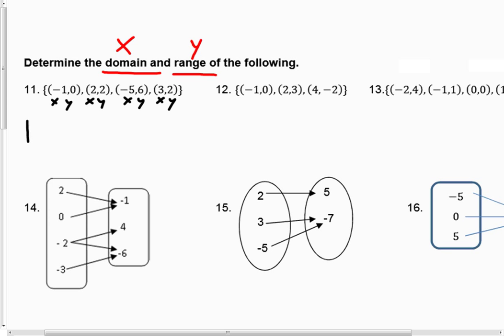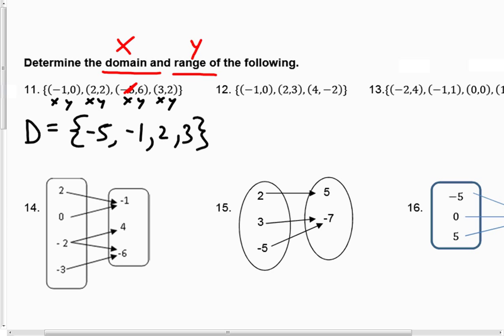This is what I want to see. I want to see a D. I want to see a set symbol. And I want to see them in order. What's the lowest X that you see there? -5. What's the next one? -1, 2, 3. So what you might want to do is cross them out as you write them down.